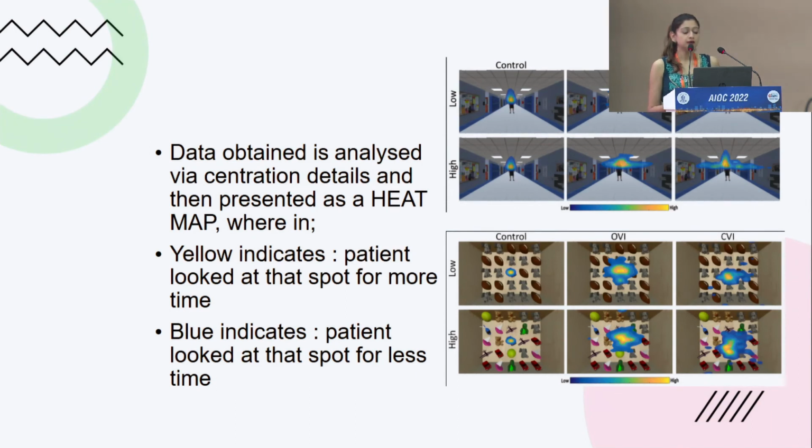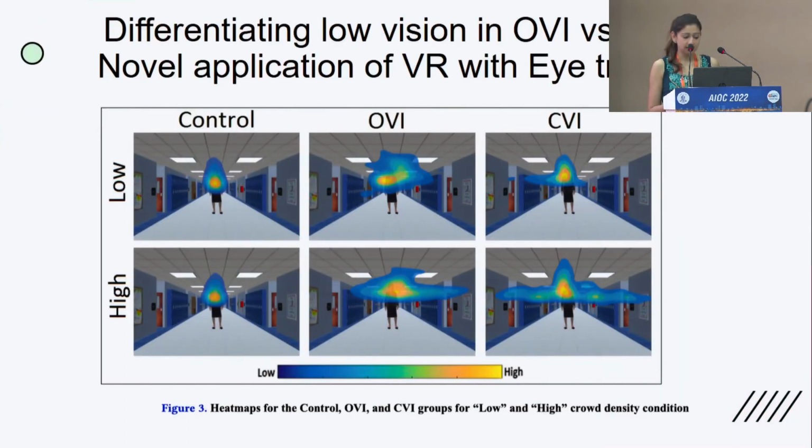Then the data which was obtained was analyzed and presented as a heat map, where the yellow color indicated the patient looked at that spot for more time, whereas the blue color indicated the patient looked at that spot for less time. So these were the color maps in which you can see the first was the control group, and in the control group it was the same whether the complexity was low or higher.